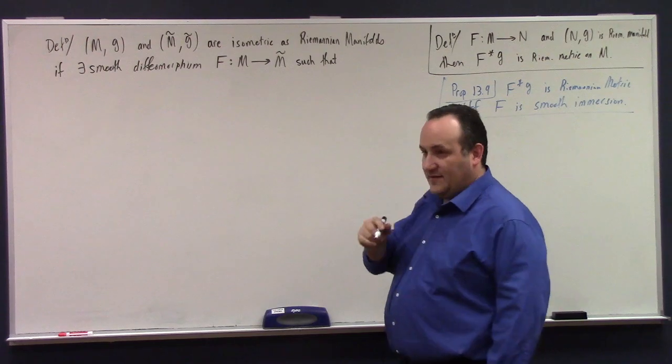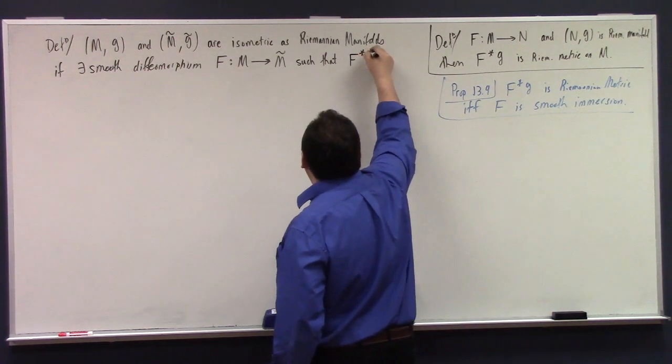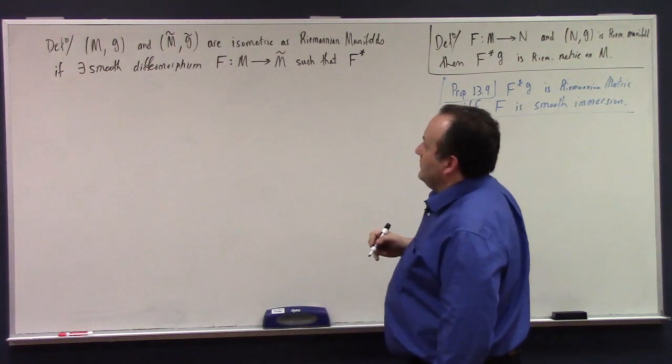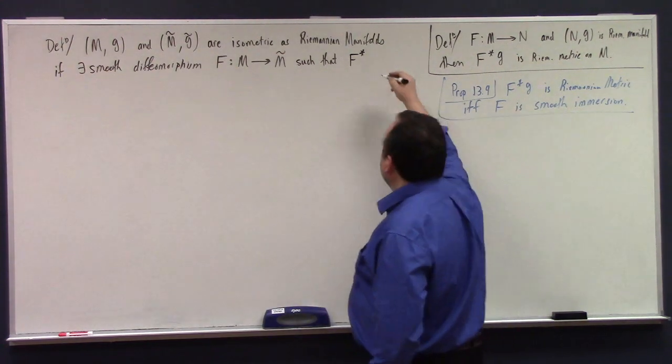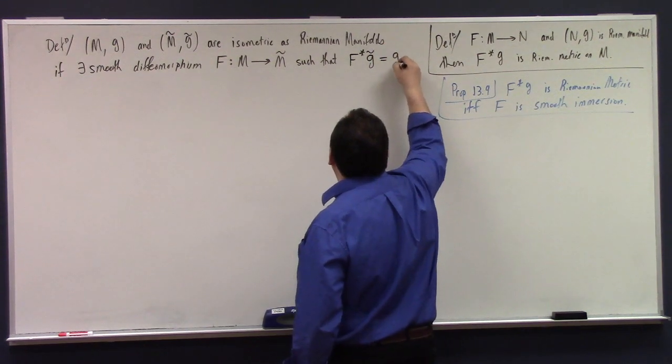Pullback. That's right, pullback. So the pullback of what is what? The pullback of g tilde is g. Yeah, the pullback of g tilde is g. That's it.